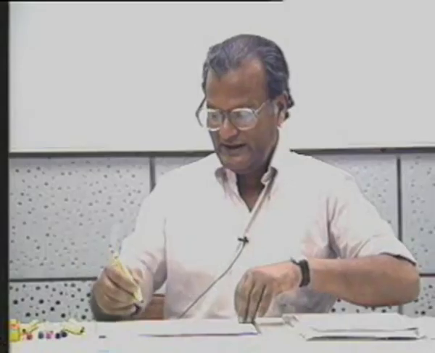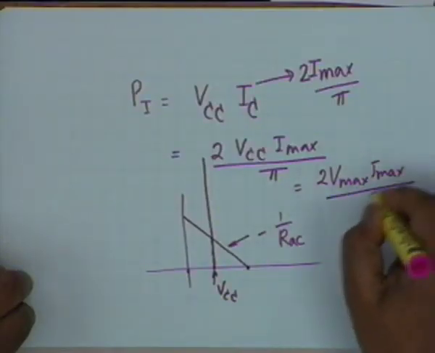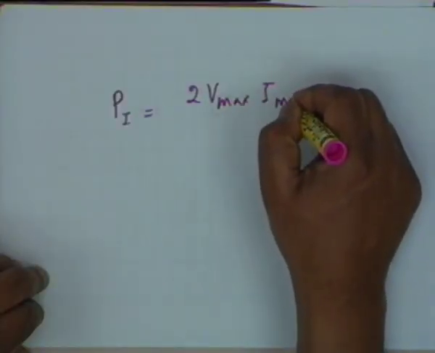All right, and therefore my input power is twice V max I max divided by pi. This is the input power, P sub I equal to twice V max I max divided by pi.